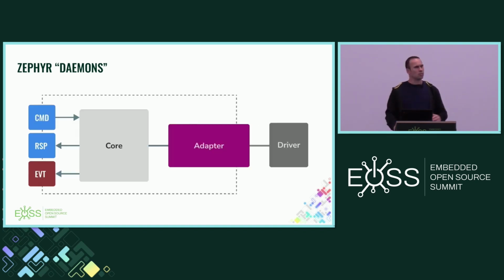So why do this? We could do that using a common API: command, response, event, right? And with that, we would have a core for the daemon and an adapter. The adapter could be exchanged to talk to the driver.